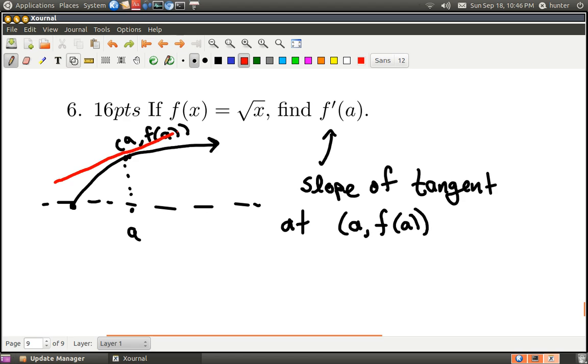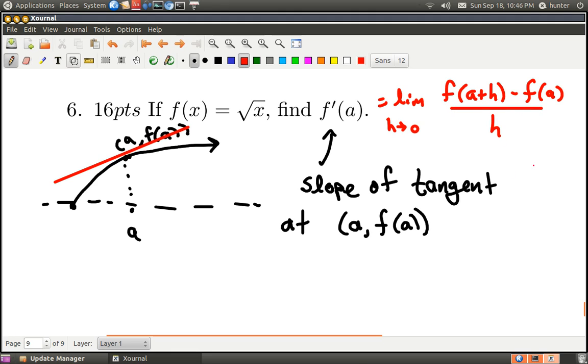So when we talk about this in class, I may call it the limit as h goes to 0 of f of a plus h minus f of a over h, and that is the definition using the limit as h goes to 0. There's another way.